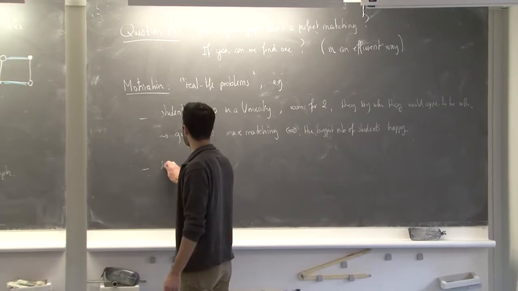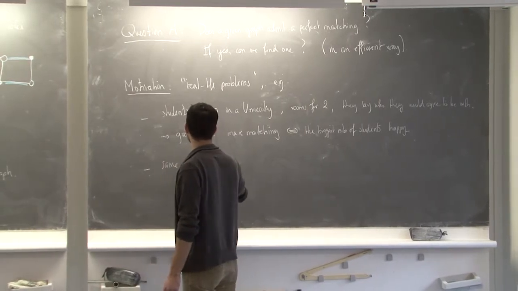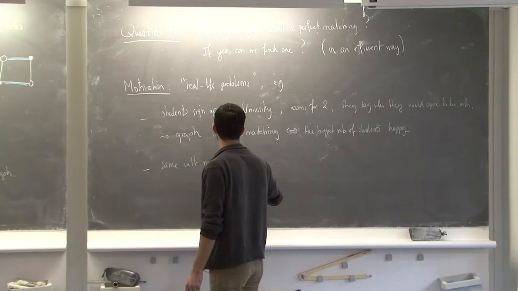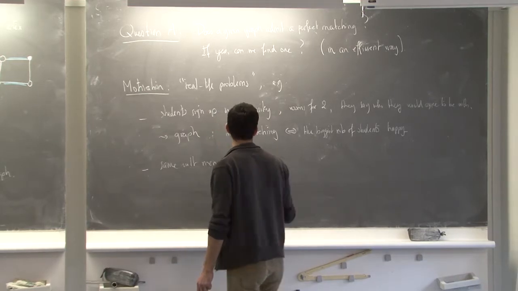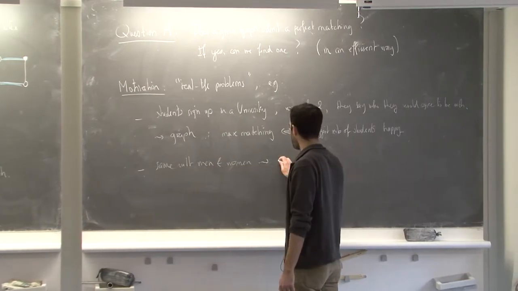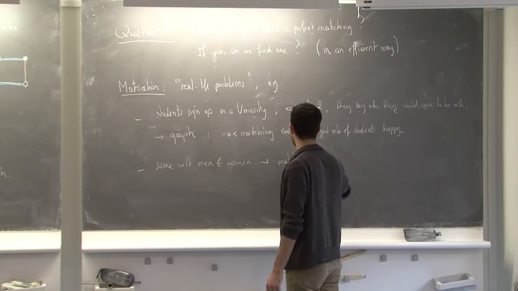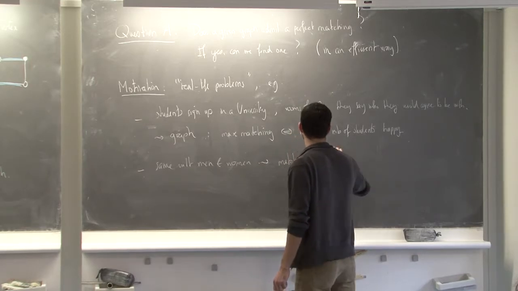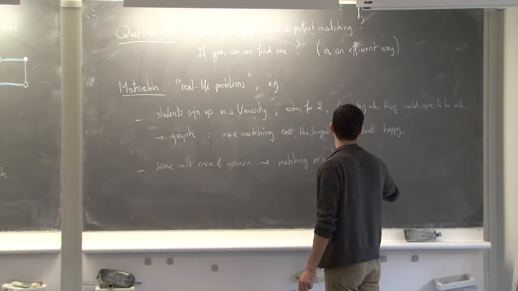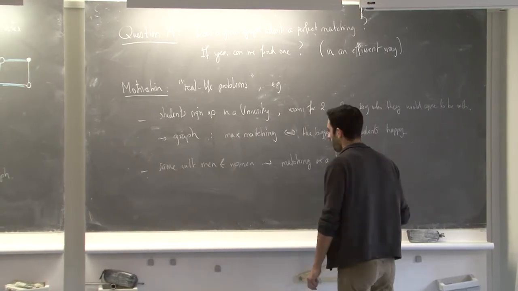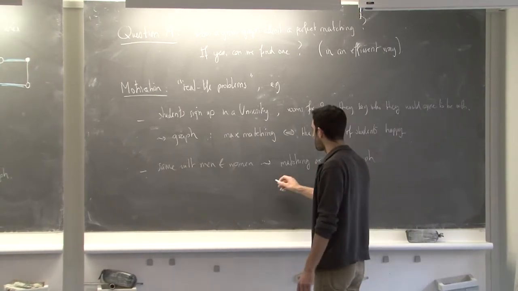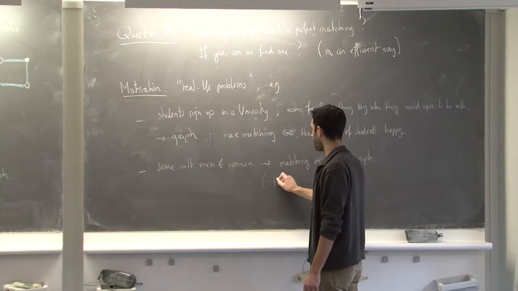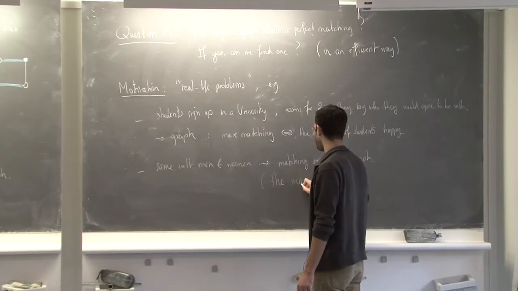So same with men and women. This gives a matching on a bipartite graph. And this gives rise to what is called the marriage theorem. We're going to see this.